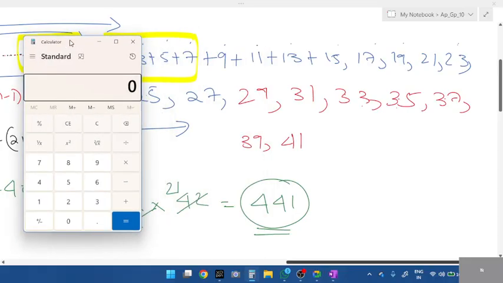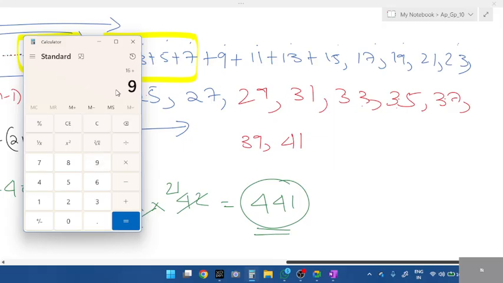If you just add everything, 1 plus 3 plus 5 plus 7 plus 9.